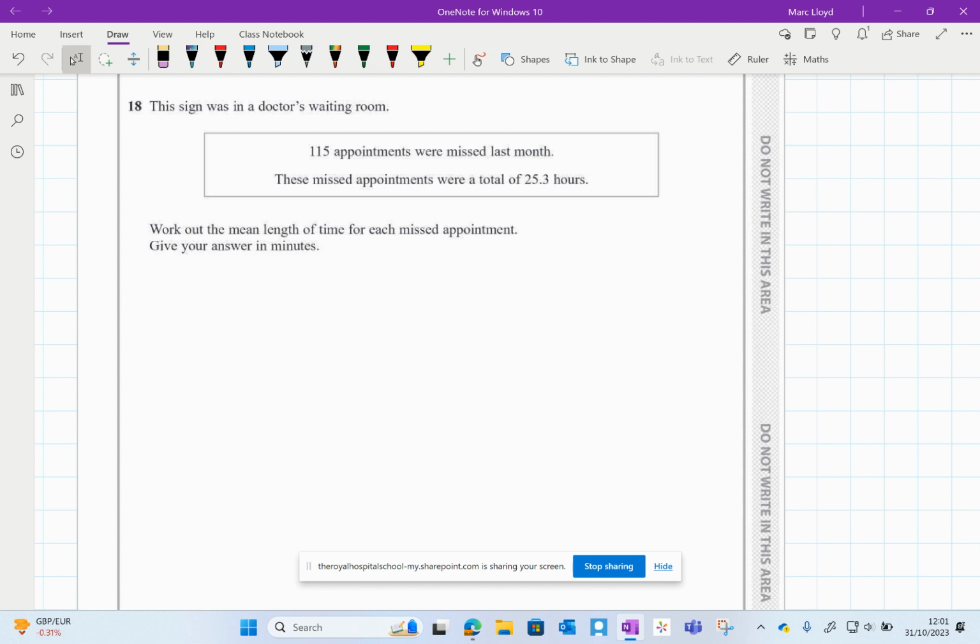So there's 115 appointments. It's been multiplied by something to give 25.3 hours. All right, first thing is I don't want that to be in hours. I want that to be in minutes. So 25.3 times by 60 will convert that into minutes, which is 1518.